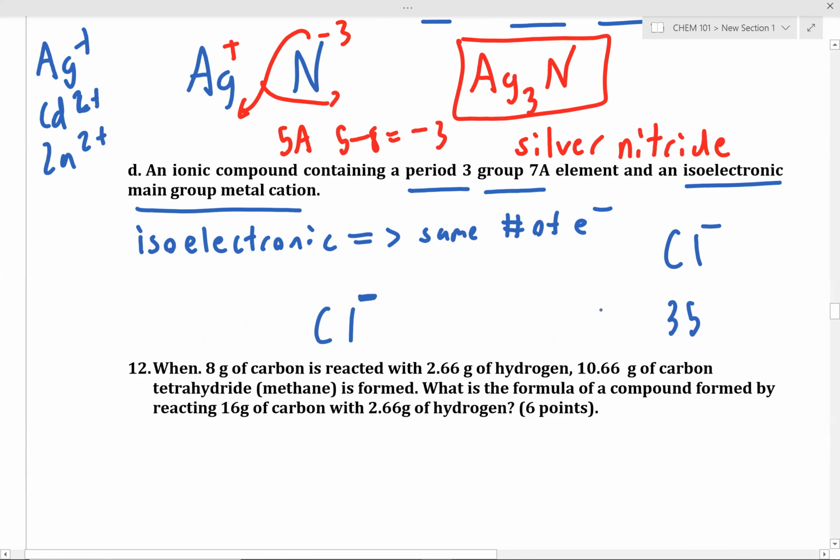But since its charge is -1, if we're calculating the number of electrons, we take our typical number of electrons, which is our atomic number, and then we subtract our charge, which is -1. So this chloride has 36 electrons to its name. So our goal is to find a metal cation with 36 electrons.